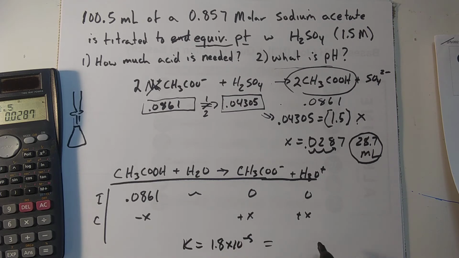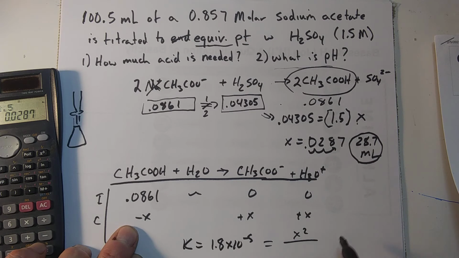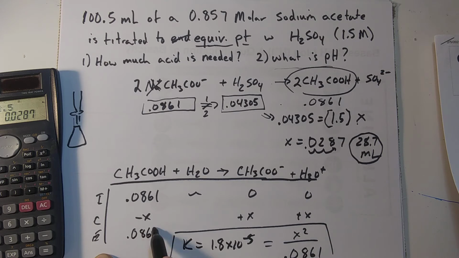But we can say that's equal to X squared over 0.0861 minus X, but because the K is so small, we can make that approximation and say 0.0861 is what we have as the amount of acetic acid at equilibrium. And of course, since 0 plus X is X and 0 plus X, I just had my products as X squared. Now I'm using moles, and I need to be careful.